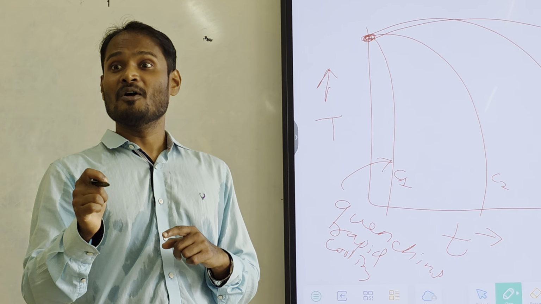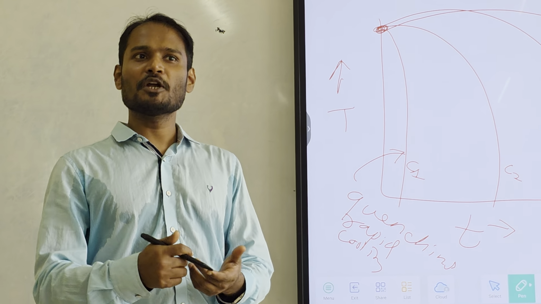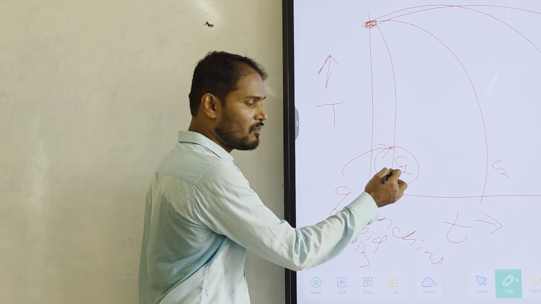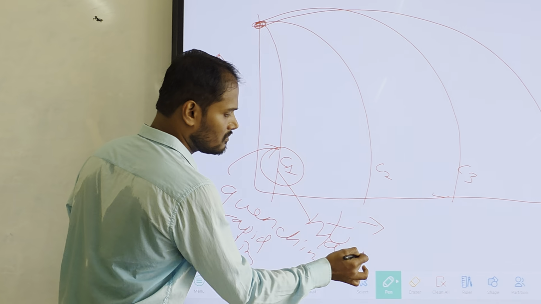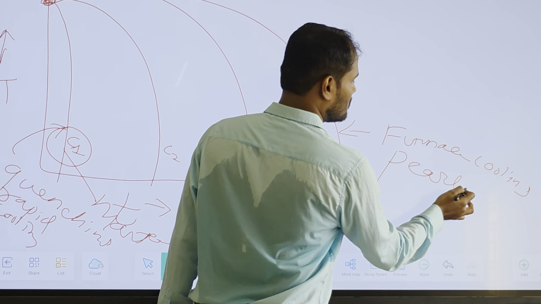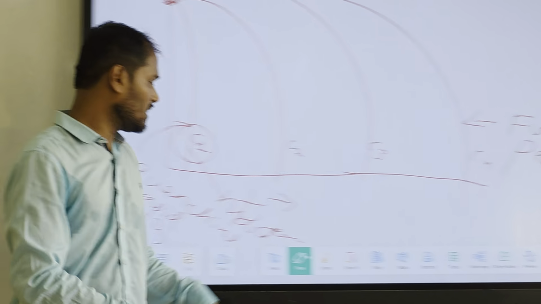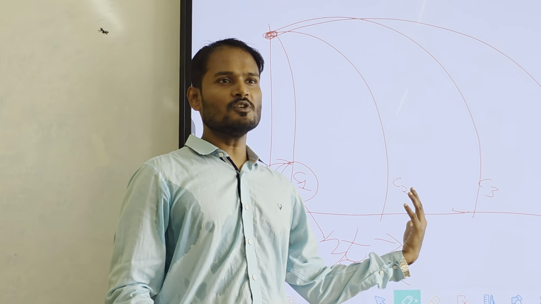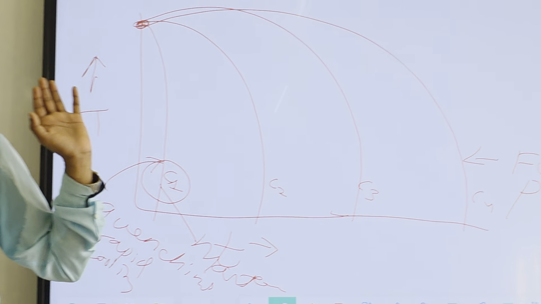Nucleation rate is maximum, but growth is not happening. But it needs to transform. So martensite will form. So this cooling rate will provide you martensite, and this cooling will give you pearlite. This is diffusion based and this is diffusionless. And in between that, you can have pearlite also or a mixture of anything.